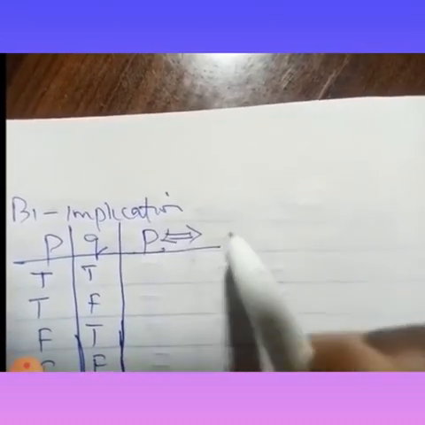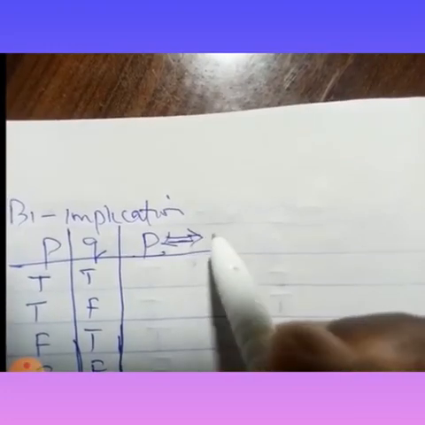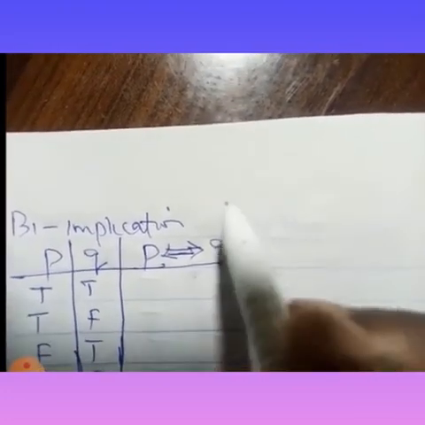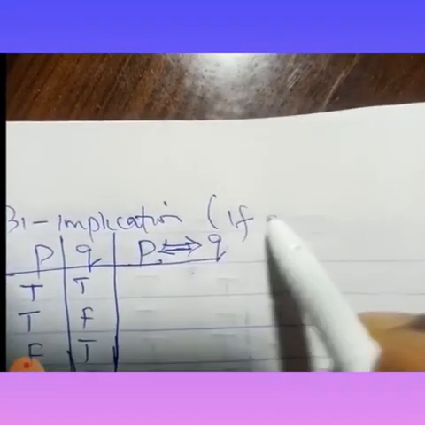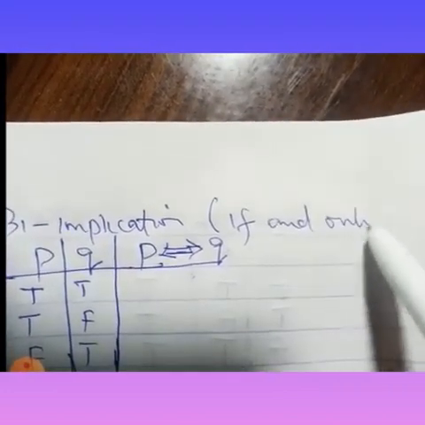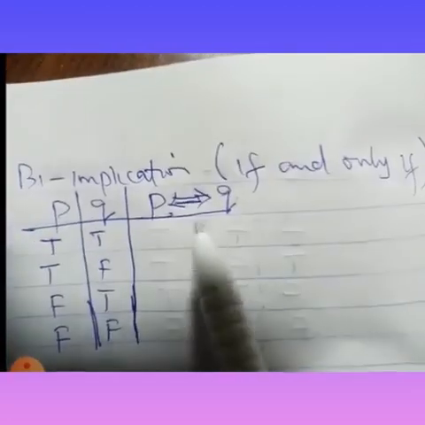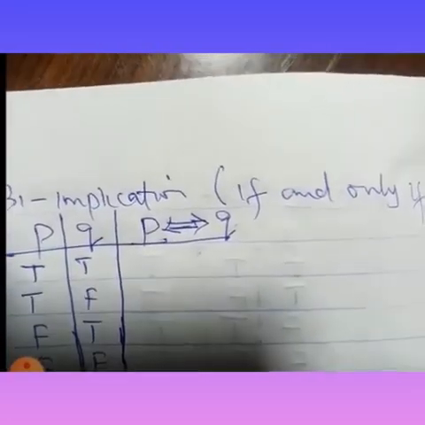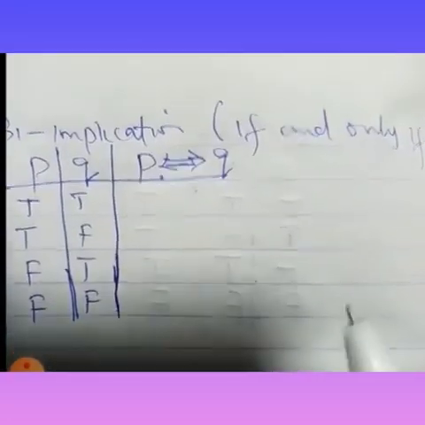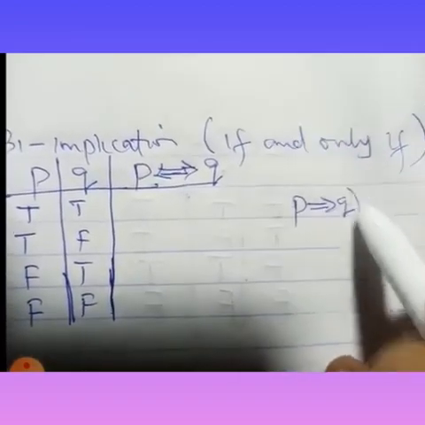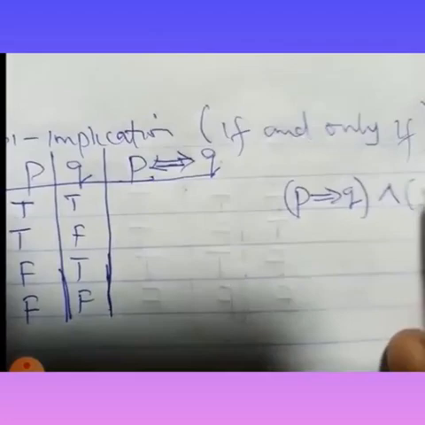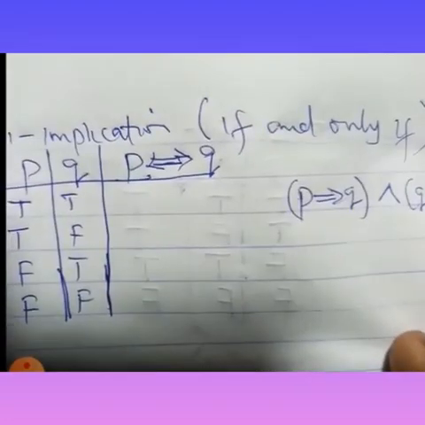So for by implication, it is written as P by implication implies Q. So like I told you, this is the same thing as saying if and only if. So this sign means if and only if. That is, P implies Q and Q implies P. That is the meaning.